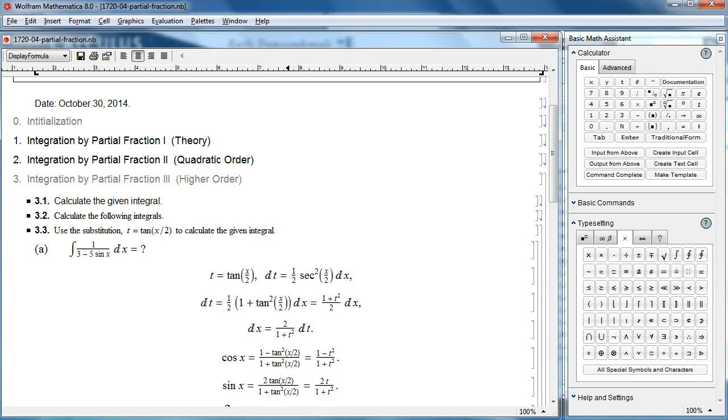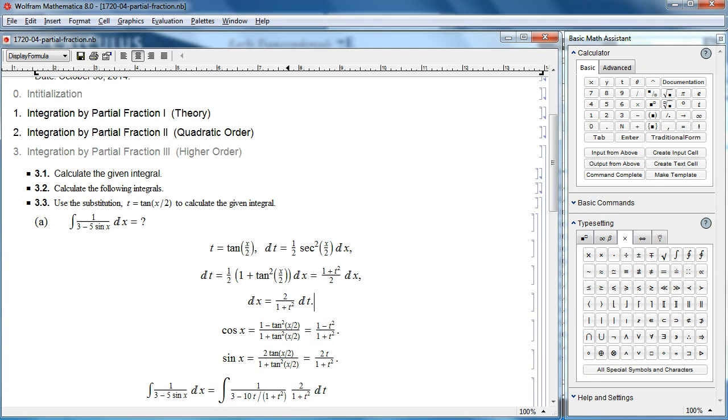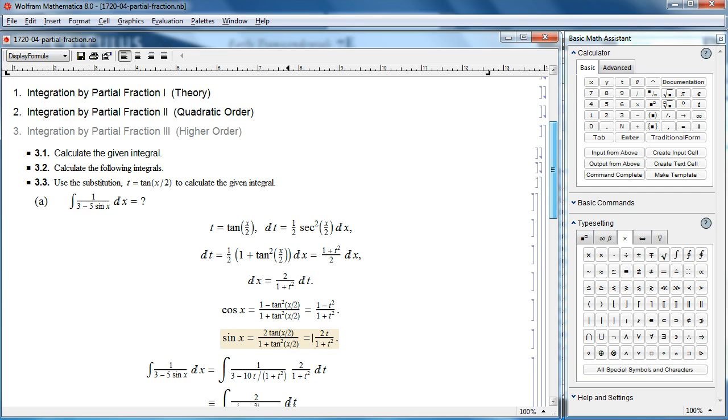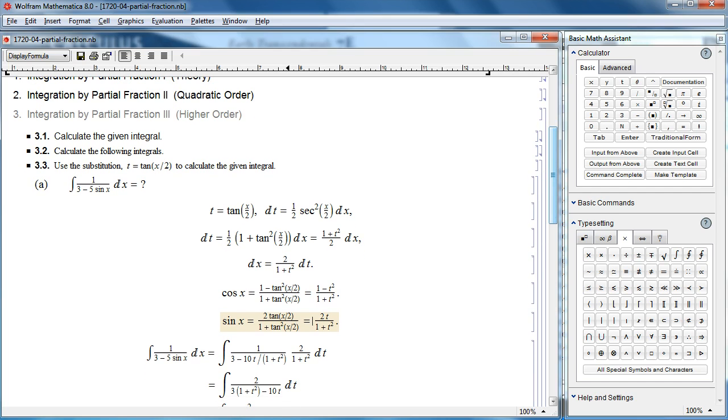So we ended up with a denominator. And then cosine and sine are given by this double angle or half angle formula, kind of like this. And plugging everything in, you're gonna get an integral of a rational function.